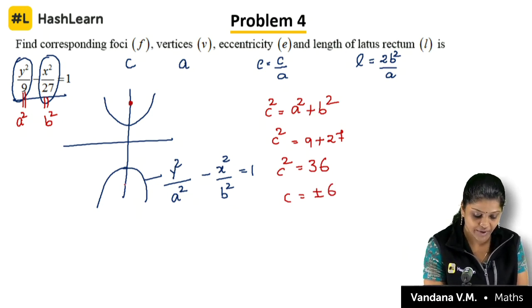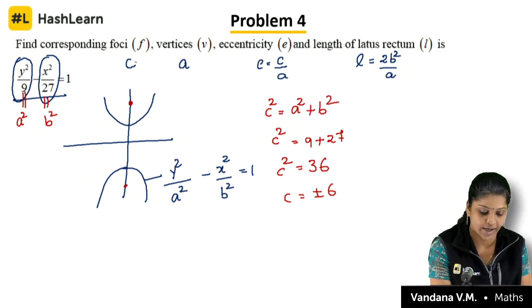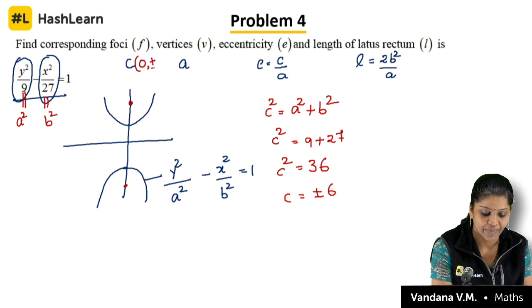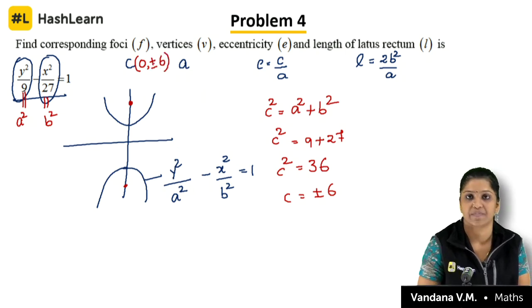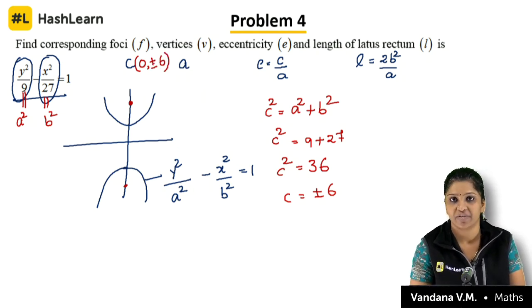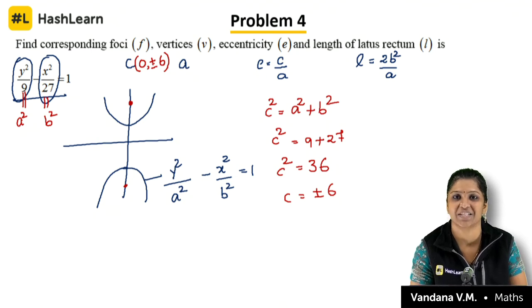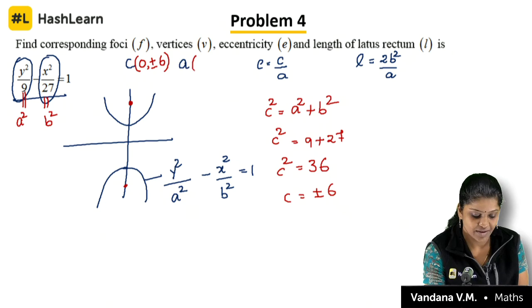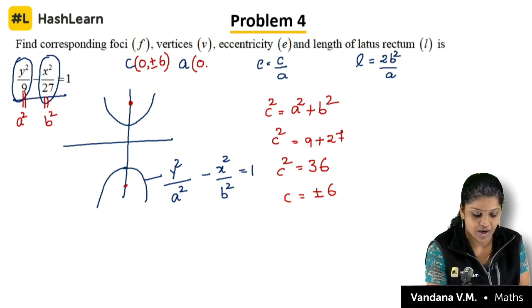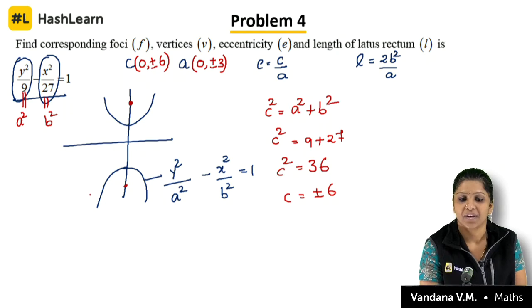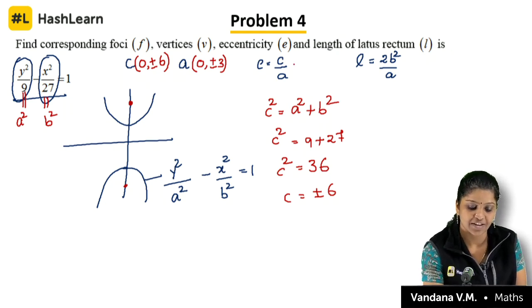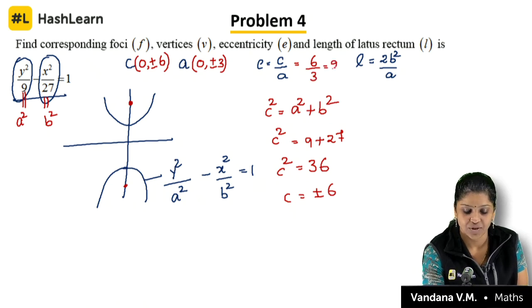It is along the y-axis. So, how will I write? x coordinate is 0, 0 comma plus or minus 6. Wantedly they will give you plus or minus 6 comma 0. That is wrong only. Next, vertices: 0 comma plus or minus 3. Clear? Next, eccentricity, that is 6 by 3, that is 2.